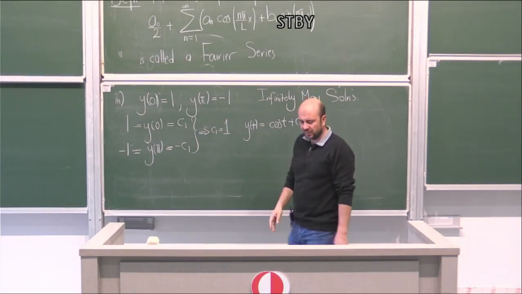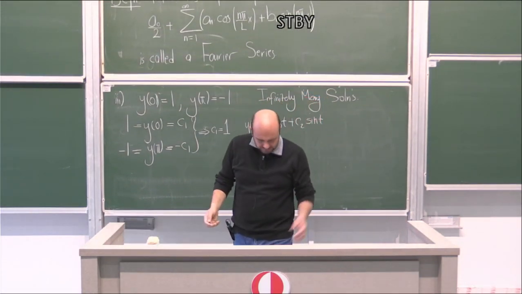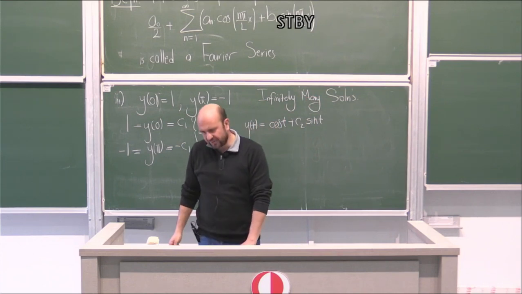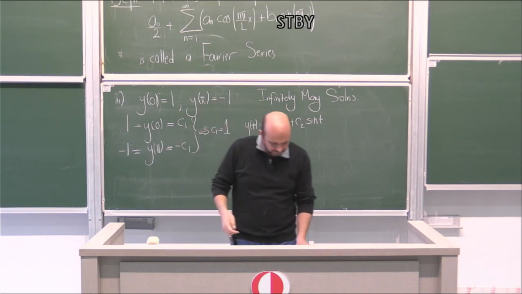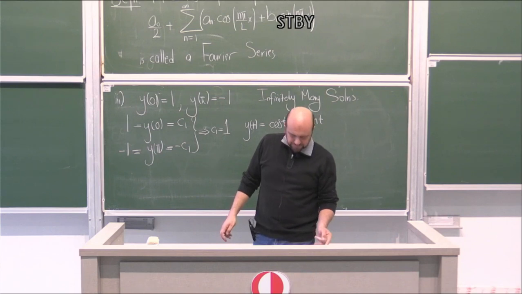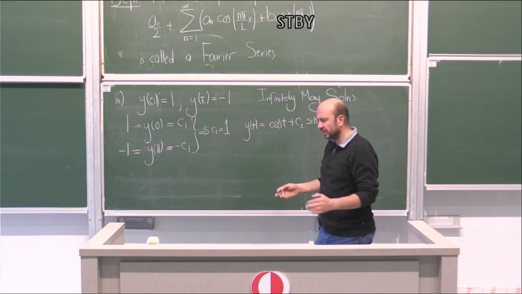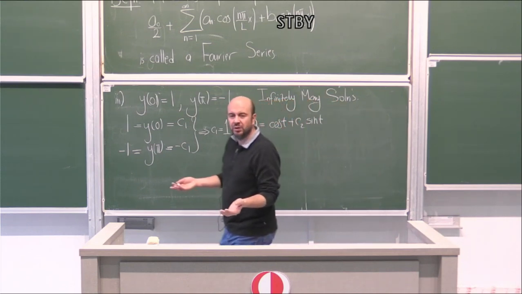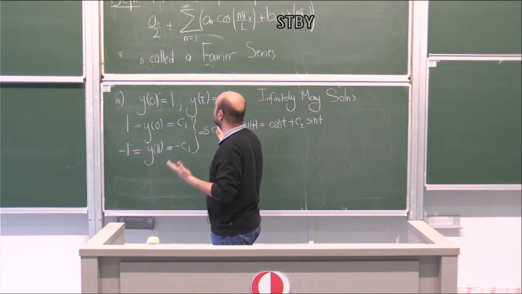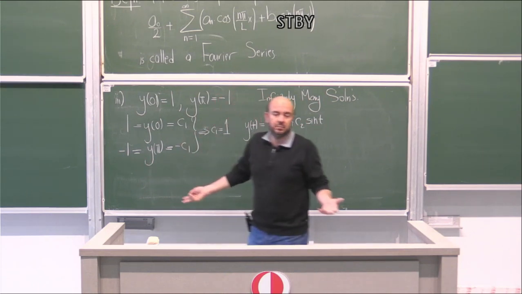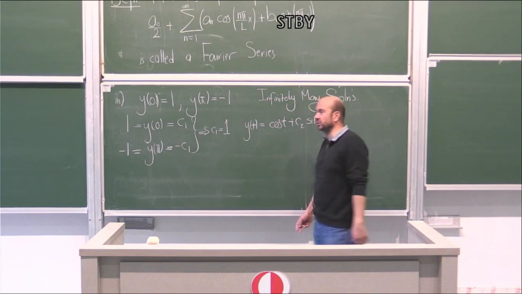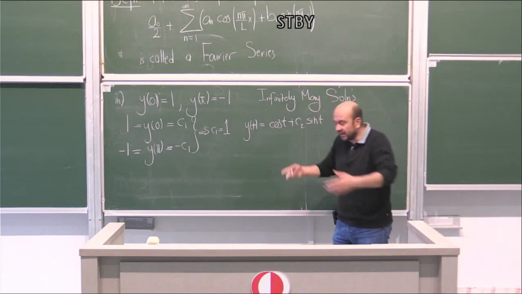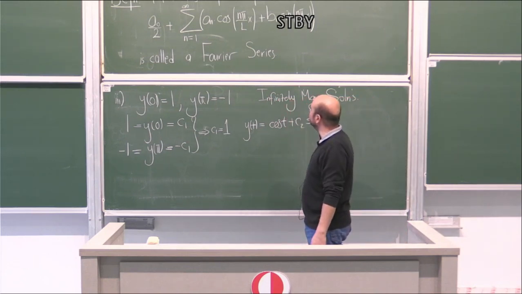Now, remember our problem was to express a function in terms of this. Then you come up with the following question. Which functions can be expressed this way? That's the first question. And if I can express, then how will I find these things, ANs and BNs?